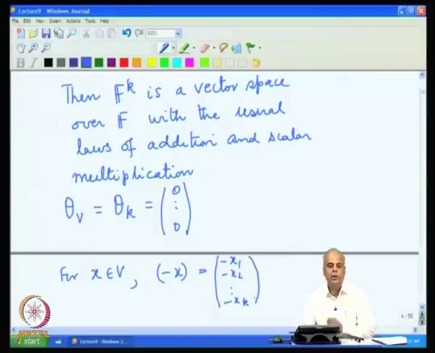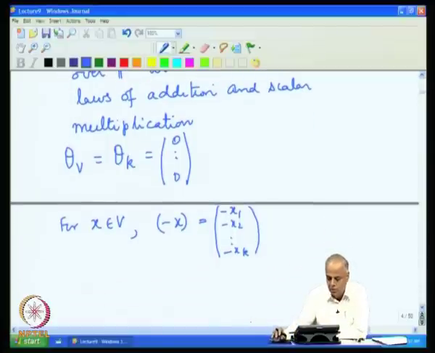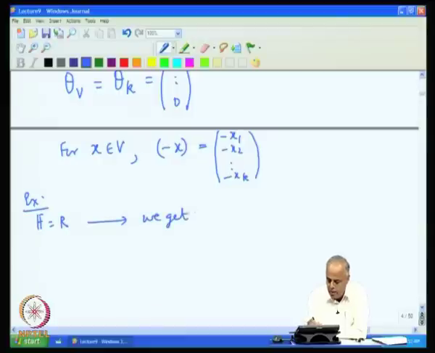Again, since x 1, x 2, x k are in the field f, in the field every element has its negative, and therefore, minus x 1, minus x 2, minus x k belong to f. So in this example, if we take f equal to r, we get the vector space r k.